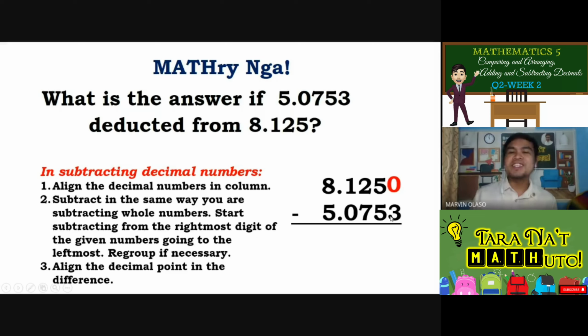So hindi naman pwede. Still, we are going to regroup the number. Okay. So 0 ay kukuha kay 5,000. So magiging na siyang 10 thousandths, and 5 thousandths will become 4 thousandths. Okay, 10 minus 3, we have 7.